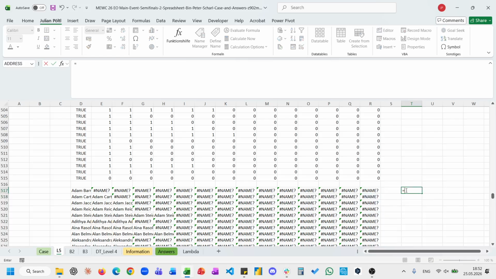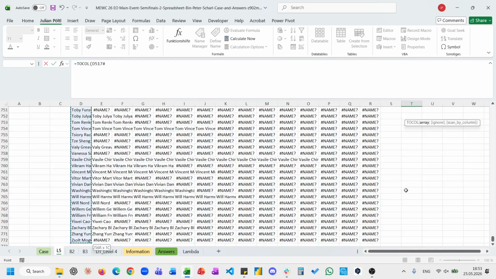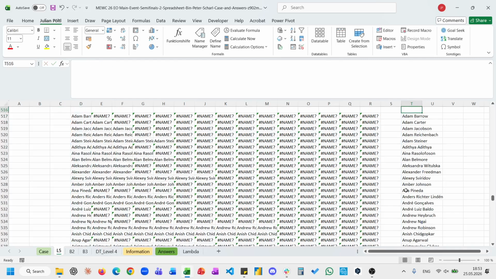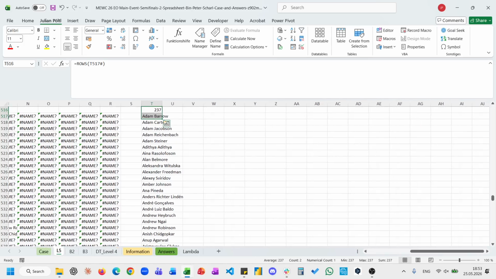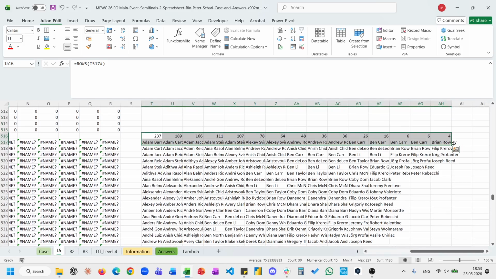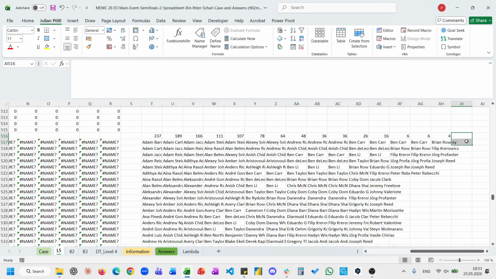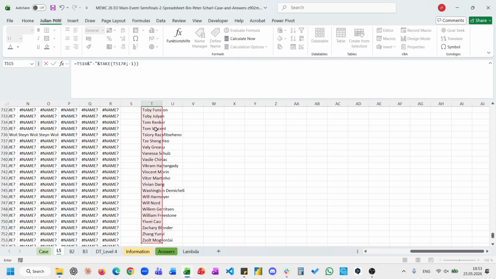Okay, it's also counting errors, but then let's take ROWS and TOCOL of this array with ignore blanks and errors, and then ROWS to get the number, and we can then copy this aside, 4 left, no one left, and then you can simply say this minus and take -1.